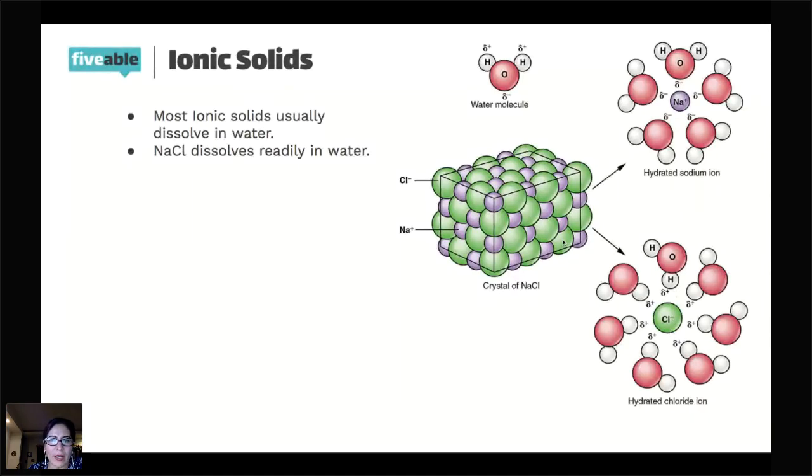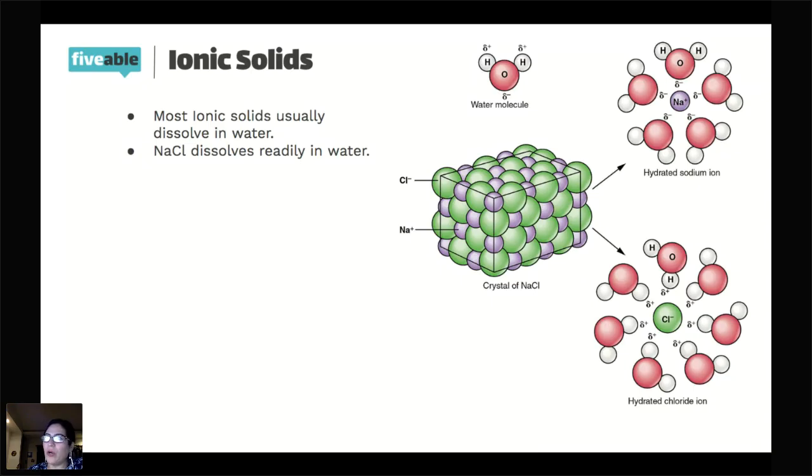The chloride ions will break free of this solid and they will be surrounded by the hydrogen atoms that are positive. So this is how water breaks apart the ions of the solid sodium chloride. Does this make sense? Okay, excellent. Let's move on.